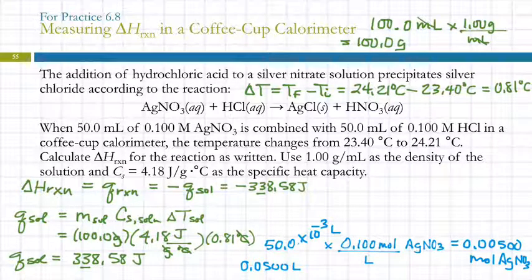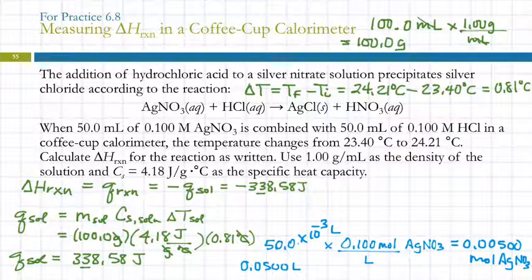We should do it for the other one as well, because what if there's less than that of this, right? But if we look at the volume and the concentration, it's going to be the same, isn't it? 50 milliliters times 0.1 molar, it's going to give us the same number of moles of HCl.